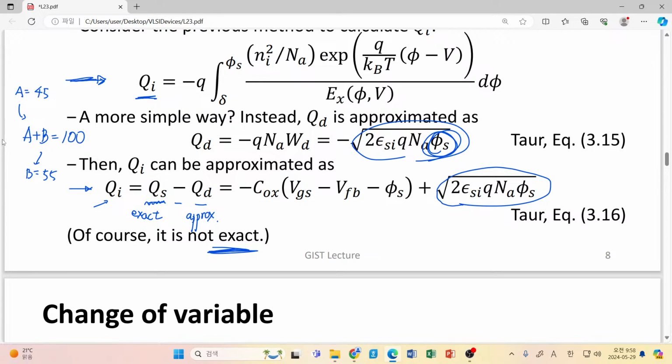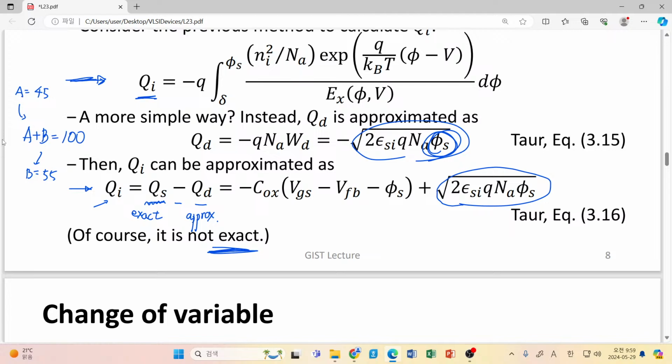After that, although we apply a much higher gate voltage, the surface potential itself increases only a little bit, and that increment is much smaller than the increment of our gate voltage.